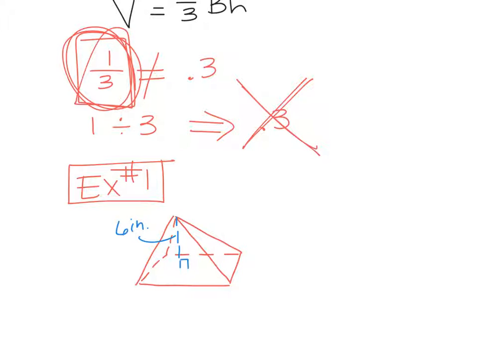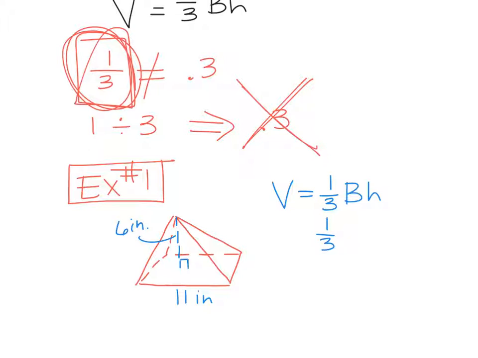And then this is 11. If we're using the formula volume equals 1/3 BH, what is B right now? 121. Yes, 121. B is the area of your base.